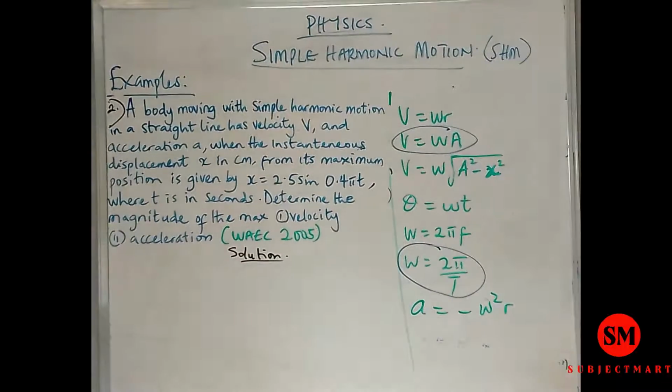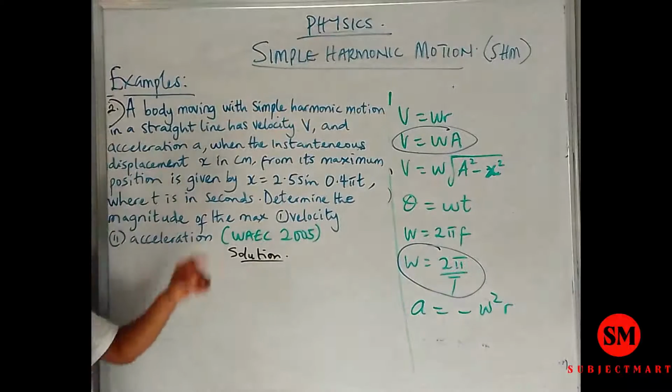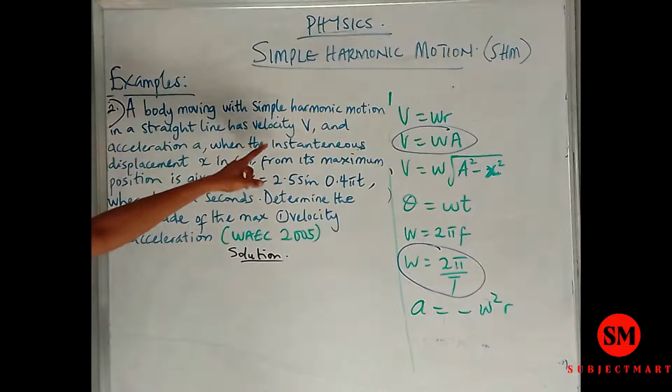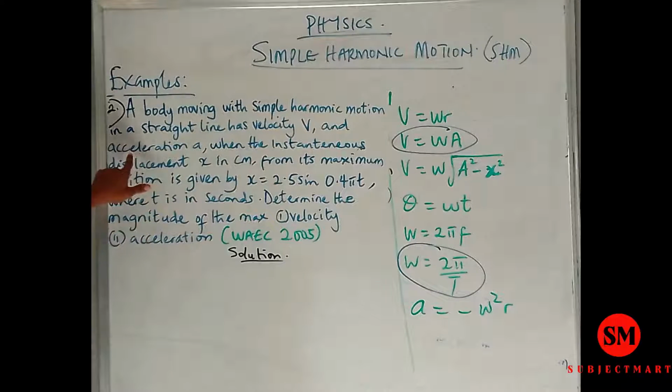Another example is this. A body moving with simple harmonic motion in a straight line has velocity v and acceleration a.